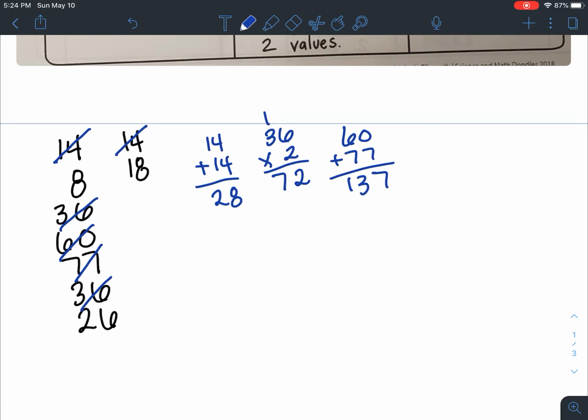It doesn't matter which numbers you add together. I have 18 plus 8, which gives me 26. And I could just add the 26 onto that 26, so times 2 gives me 52. Then keep adding up your numbers until you get a final sum.